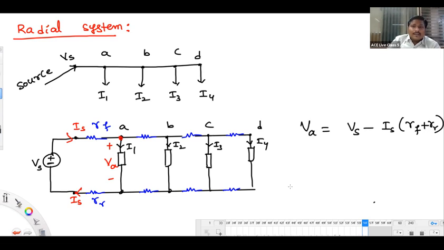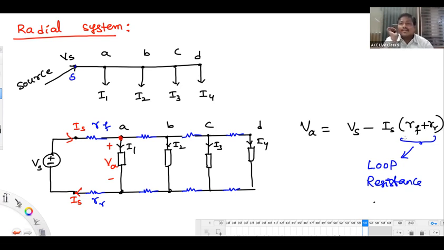See, this RF plus RR, I will be naming it as loop resistance. Loop resistance of that section. Section SA loop resistance is RF plus RR.